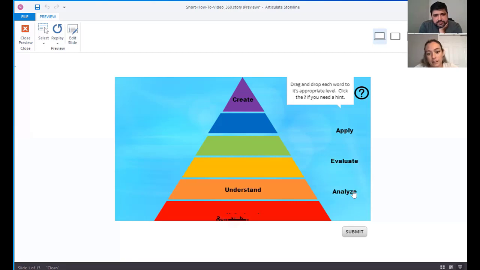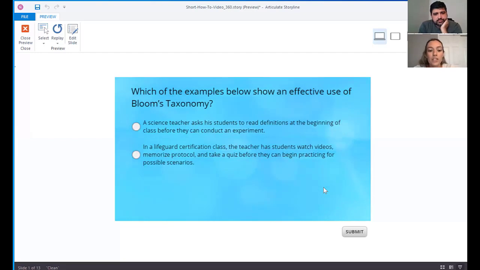Okay, and then, which of the examples below shows an effective use of Bloom's taxonomy? So I have a science teacher who asks his students to read definitions at the beginning of class before they can conduct an experiment.